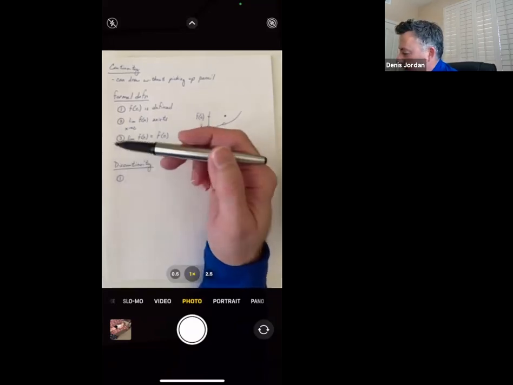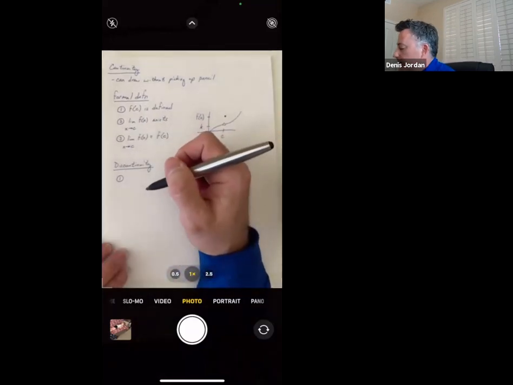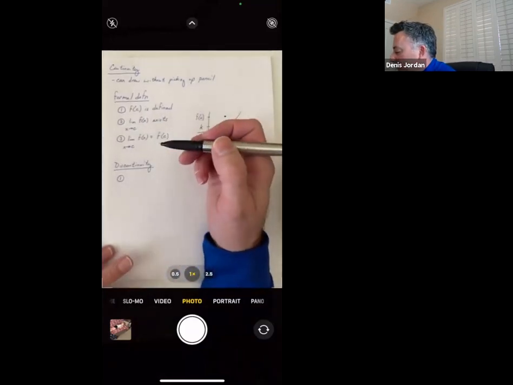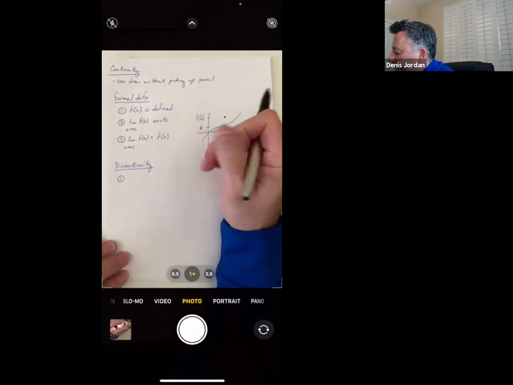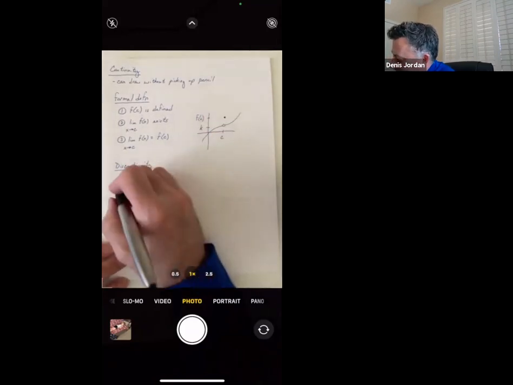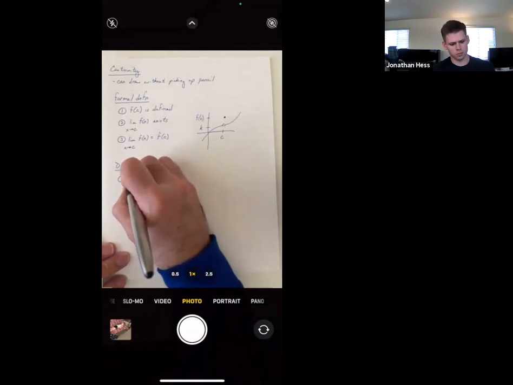So what are the two classifications for discontinuity? Removable and non-removable.